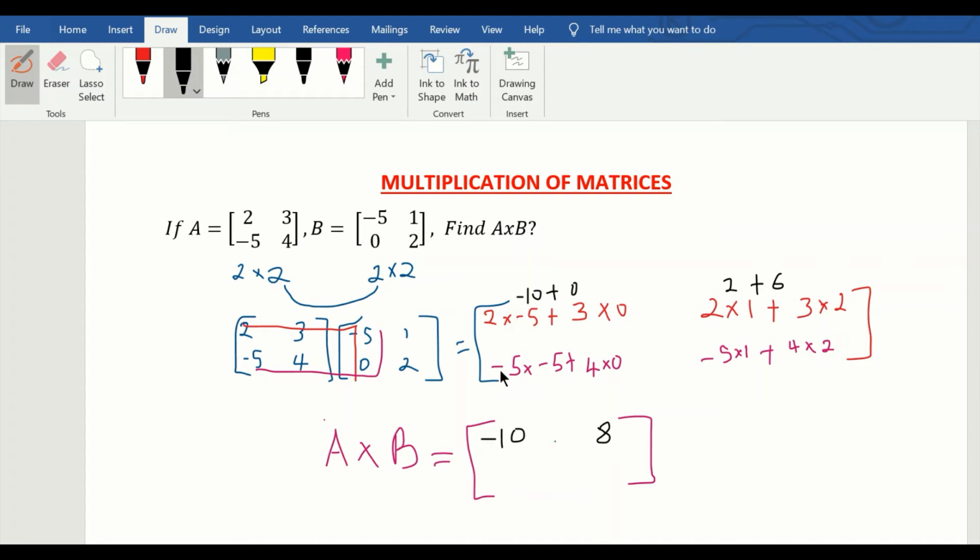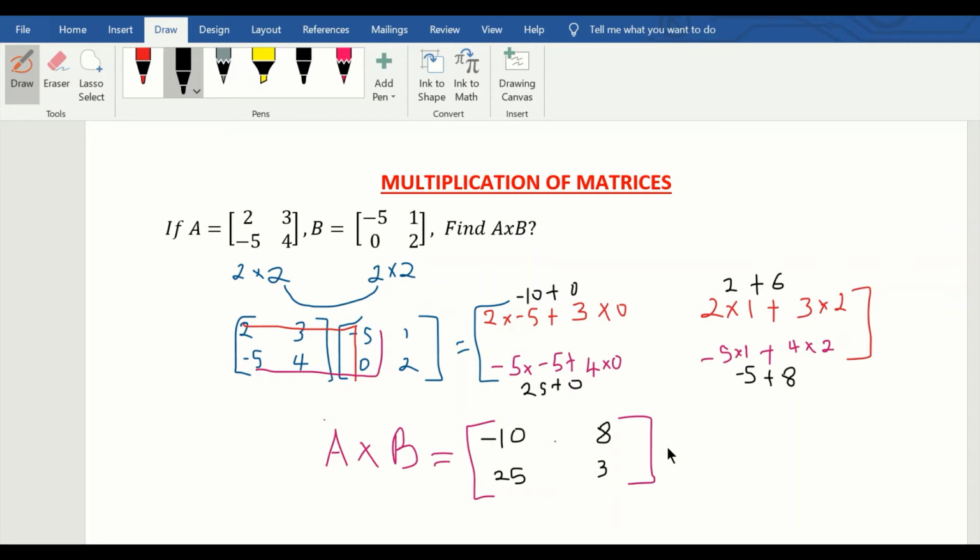Next one, minus 5 times minus 5 is 25, plus 4 times 0 is 0, so that gives us 25. Alright, so minus 5 times 1 is minus 5, plus 4 times 2 is 8, minus 5 plus 8 gives us 3.